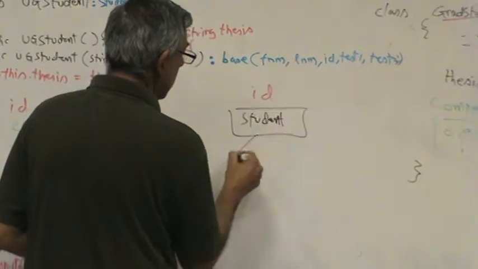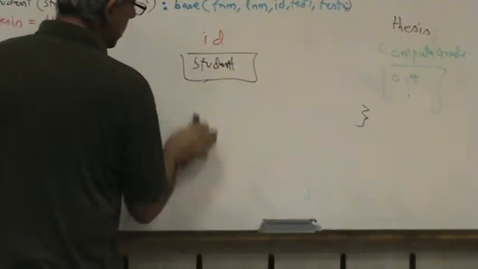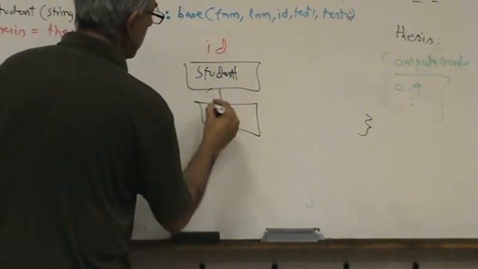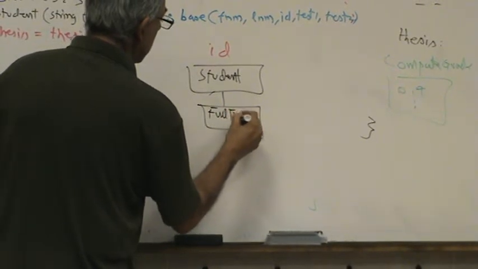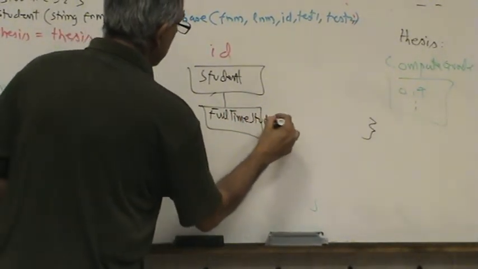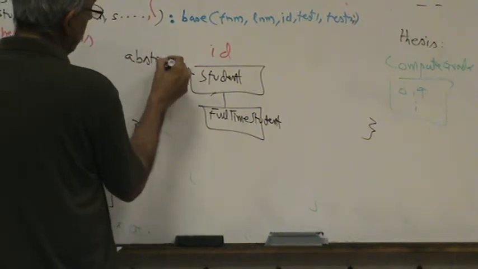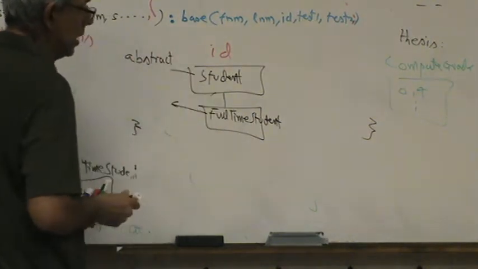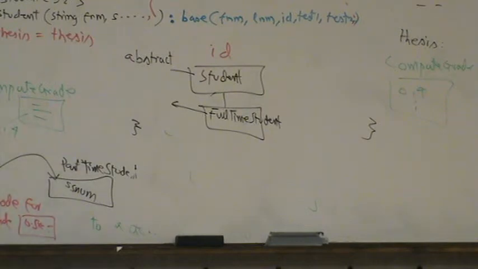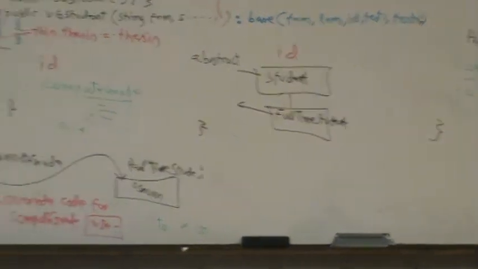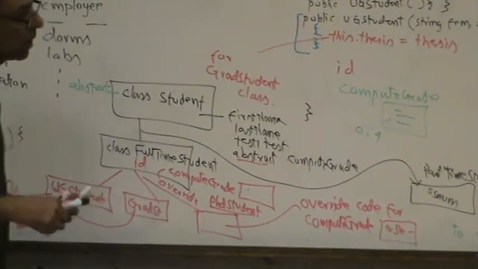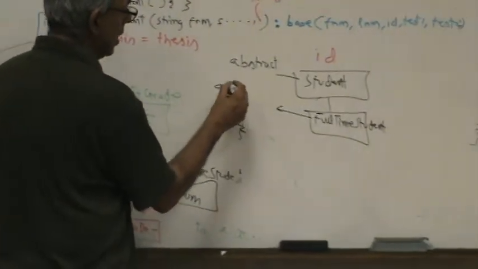Student. From student, we go to full-time student. Is this abstract? Yes. What about this one? Is this abstract? No. Okay, see, even though there's no abstract method over here, you should still mark it as abstract.